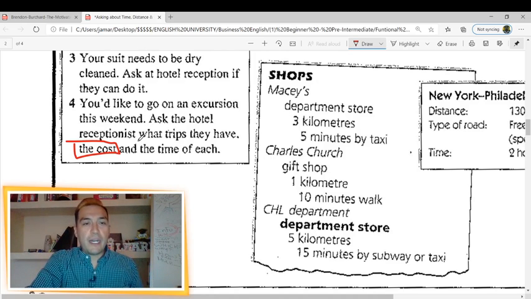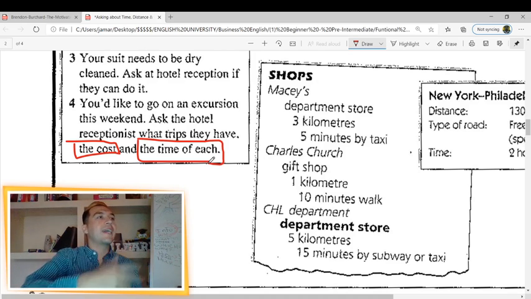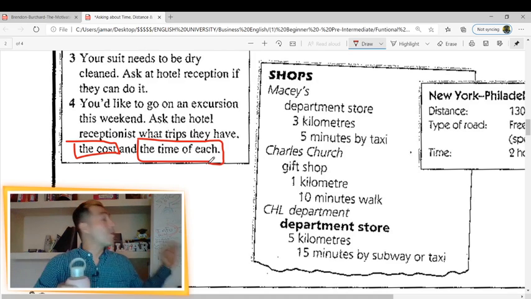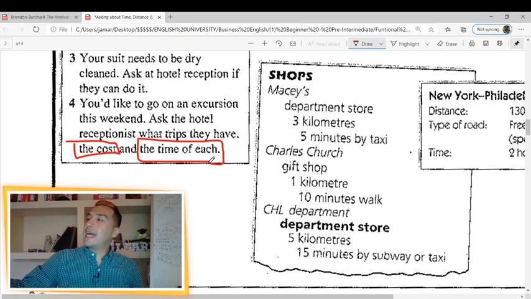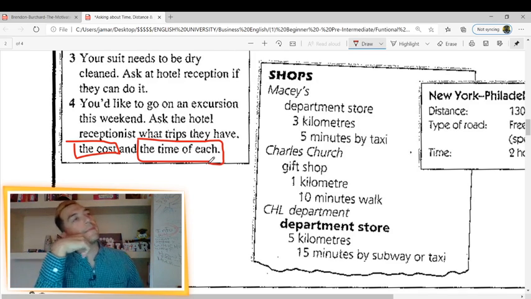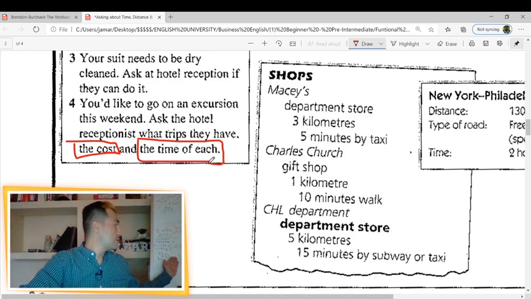Ready for the last part? The time. Now we need the time of the camel excursion. We need to ask the question. How can we ask the question for time? The same, how much?